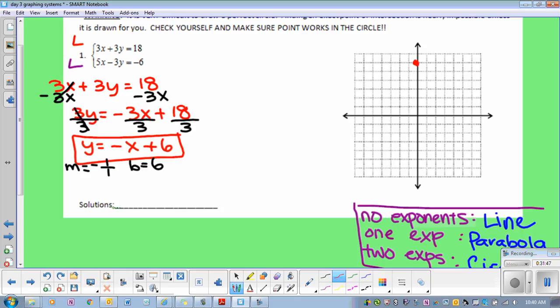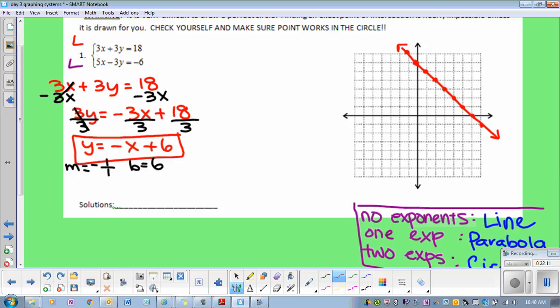Negative 1 over 1 means down 1, right 1. Down 1, right 1. Or up 1, left 1. Right? Okay, so that one's done.